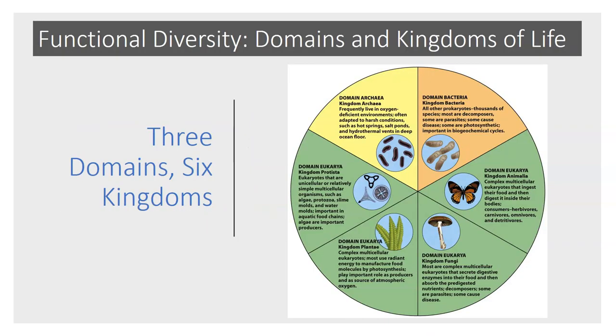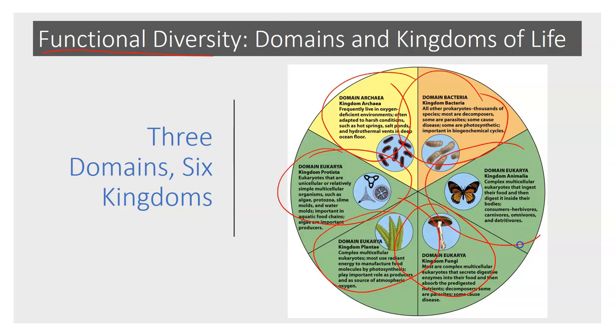So let's start with functional diversity. When we say functional diversity, we are talking about representation from all of our different types of life. So there's 3 domains, 6 kingdoms of life. Right? And each of those kingdoms does different things within an ecosystem.